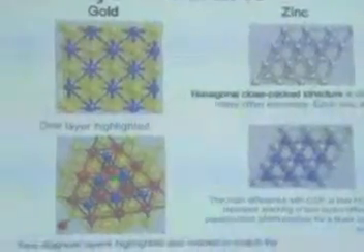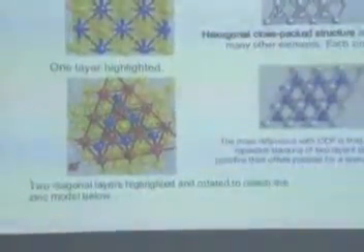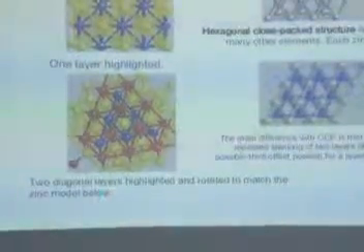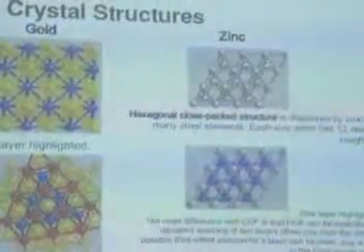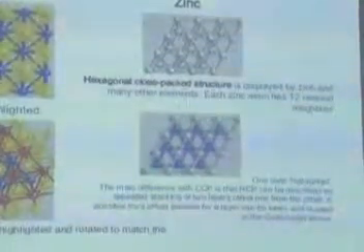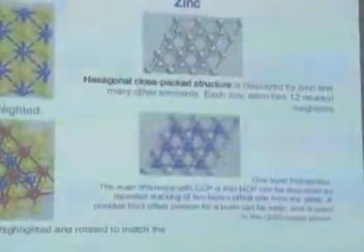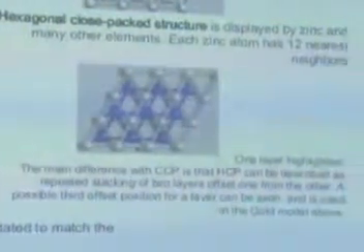In this case, it is two diagonal layers, highlighted and rotated to match the zinc model. Here you have two layers, one layer is highlighted here, with repeated stacking of two layers offset one from the other.